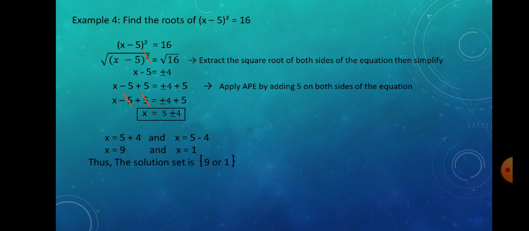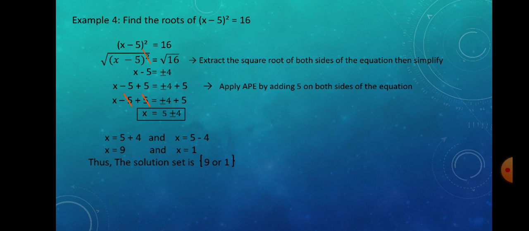Then, we apply the addition property of equality by adding 5 on both sides of the equation. So, it becomes x minus 5 plus 5 is equal to positive or negative 4 plus 5. Okay, so when we cancel the 5, what is left is x. Then, positive or negative 4 plus 5. We just switched the order, so it becomes 5 plus negative 4.